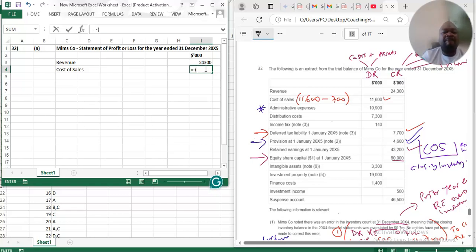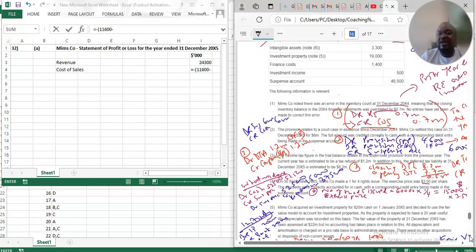Then what you do is, because there is an adjustment that is to be done, we first take the figure as given in the trial balance, 11,600. And then we have to subtract the 700, which was working number one, if you still remember, of the overstatement of inventory in the prior year period.